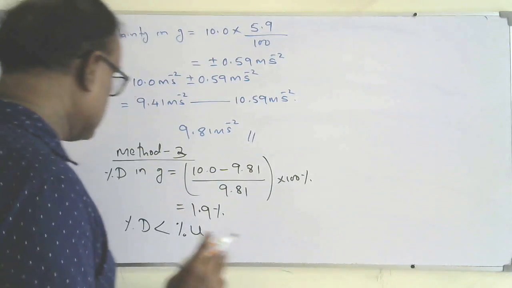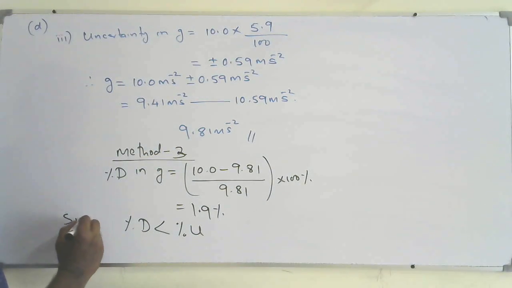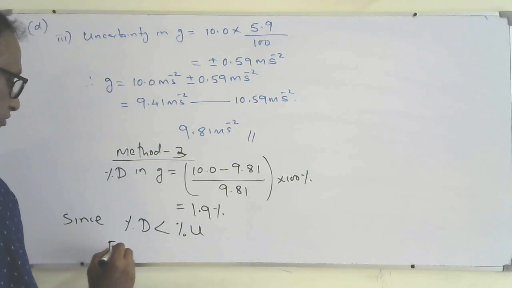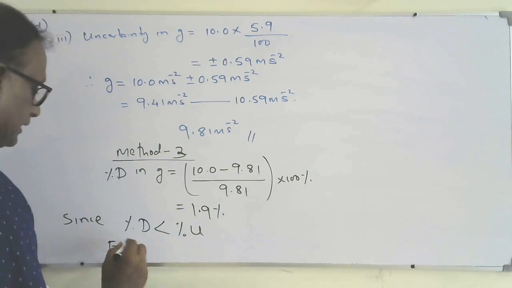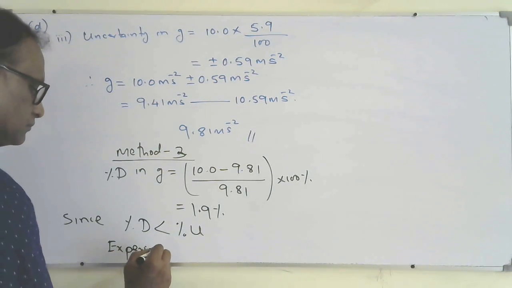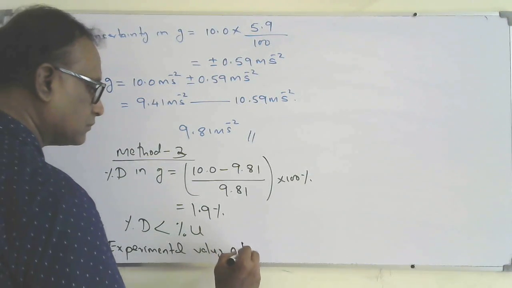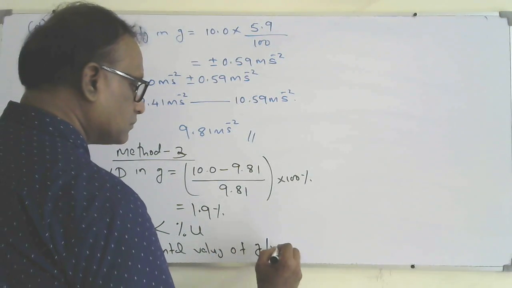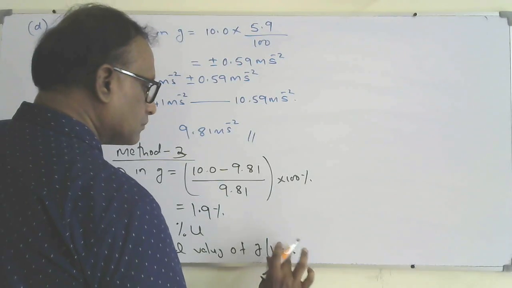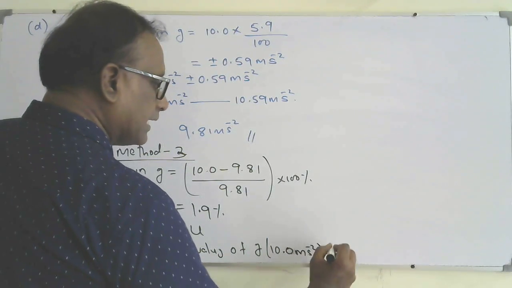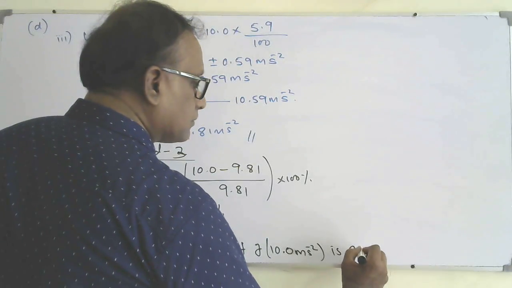So since the percentage difference is less than the percentage uncertainty, you can say the experimental value of G is acceptable.